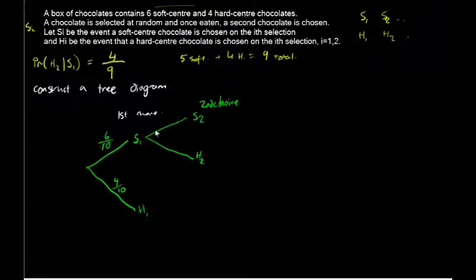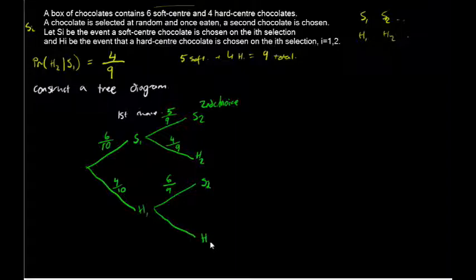If we choose a soft center, then another soft center, we're going to have 5, because we've already chosen a soft center, out of a possible 9, because we've already chosen one. Which means that there's still 4 out of 9 left over for the hard center. And similar for this one here, if we choose a hard center on our first go and then a soft center, there's going to be 6 soft centers out of 9.